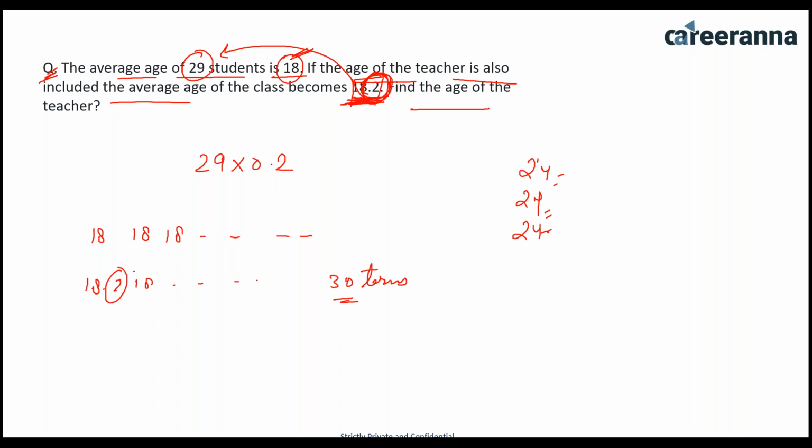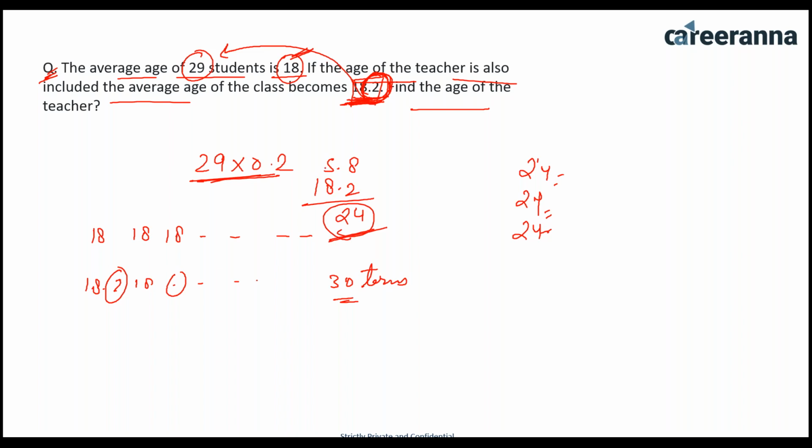So 0.2 is given to 29 people. What is the value of this? 5.8. Very easy. And now the average of the new team is 18.2, so it is becoming 24. Is it clear to everyone?